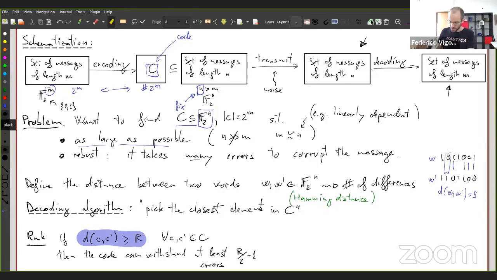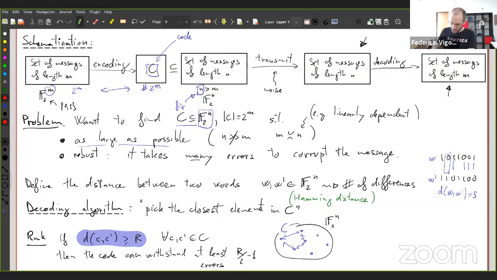Okay, let me draw a little bit of a picture. We have the set of messages that are being sent, and then inside here there is the code, set C. C is just some subset inside, and we are assuming that all these distances are fairly large.